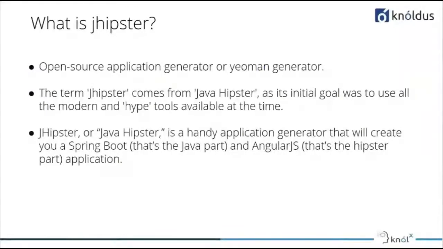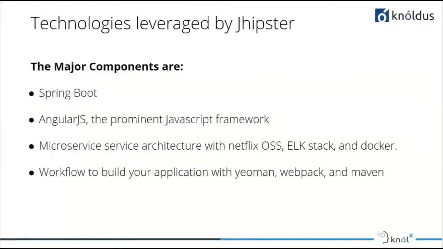And now let's talk about the JHipster tech stack. We have the following major components: Spring Boot, AngularJS, Netflix OSS, Yeoman, Maven, and more. On the backend, we have Java 8 and Spring Boot to handle our backend.